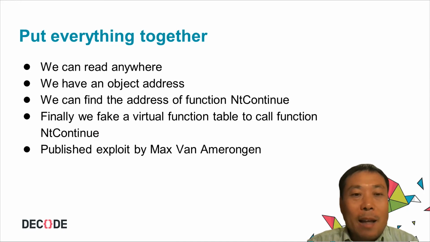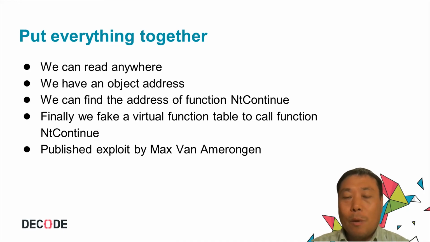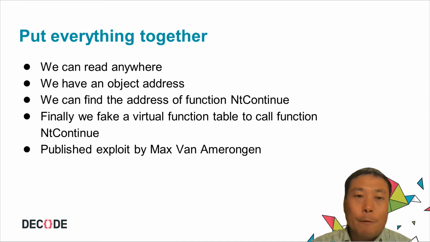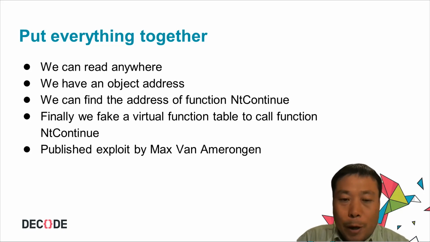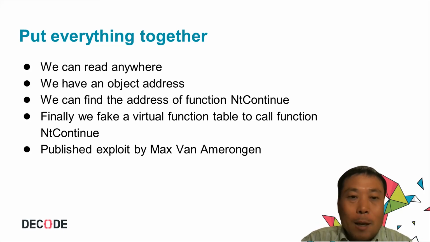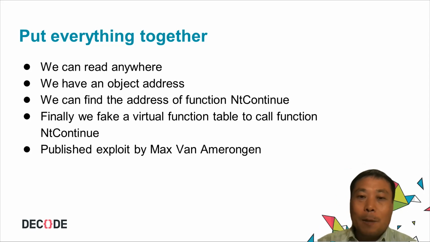So put them together. We read anywhere from memory, and we read an object address, and from the object address, we read the virtual function table, and eventually get to the module base address, and from the module, we find the function we want to call, the system function like NtContinue.